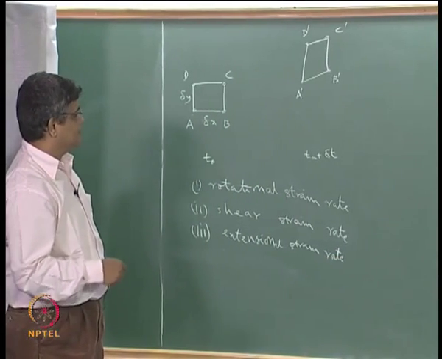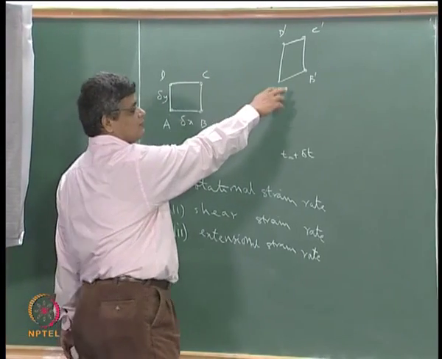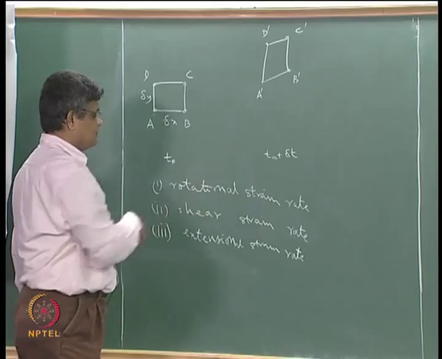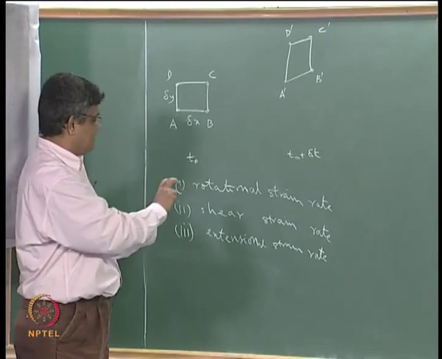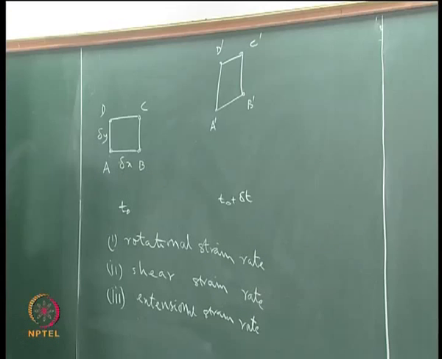Therefore we can attribute the change of relative dispersion of these 4 particles to different kinds of strain rates. We do it in 2 dimensions, but the extension to 3 dimensions is similar.